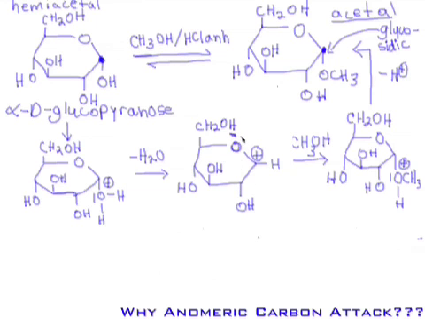The carbocation is especially stable because of the oxygen. It's next door to the oxygen on the ring. I can dump in 2 lone pairs. If I do that, I resonance stabilize my carbocation.